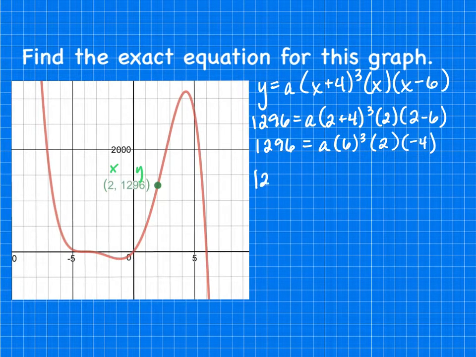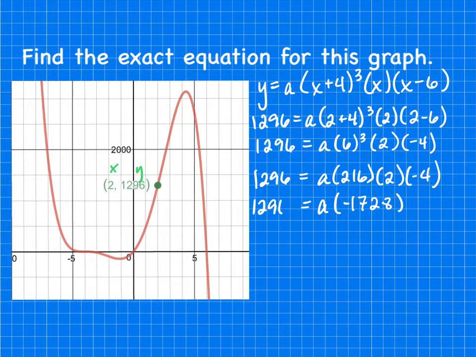So 1296 equals a times 216 times 2 times negative 4. So 216 times 2 times negative 4 is a times negative 1728.